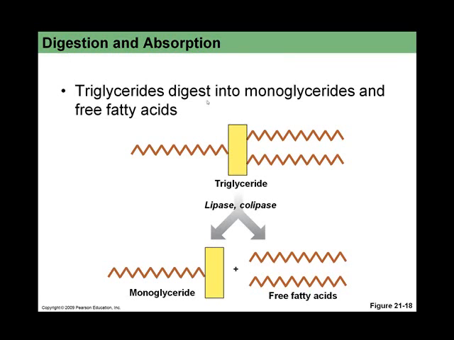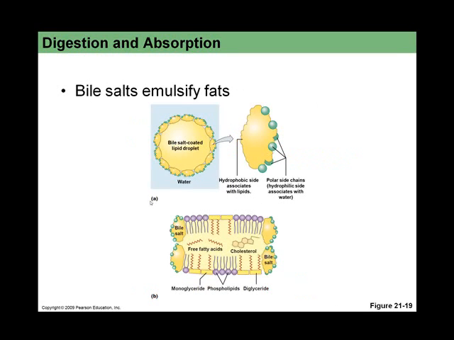Then finally, the triglycerides are digested into monoglycerides and free fatty acids. So remember, the glycerol backbone and the three fatty acids make a triglyceride. Lipase and colipase are acting on these to split off free fatty acids and leave a monoglyceride. And then the bile salts are going to be contributed from the liver through the gallbladder portion.